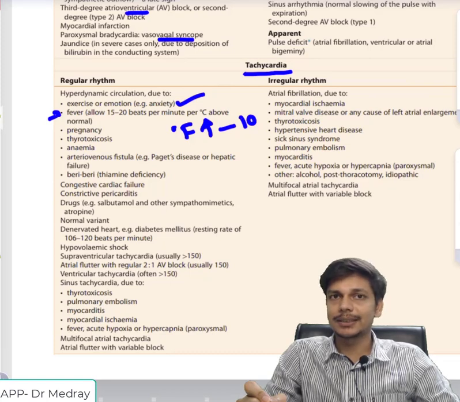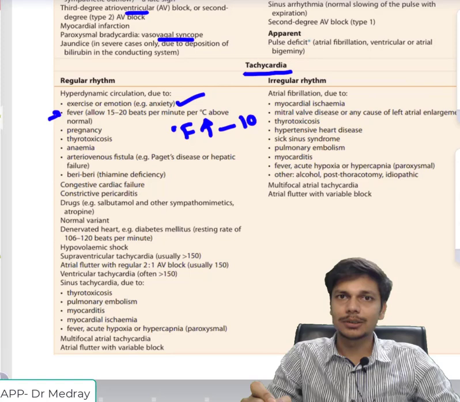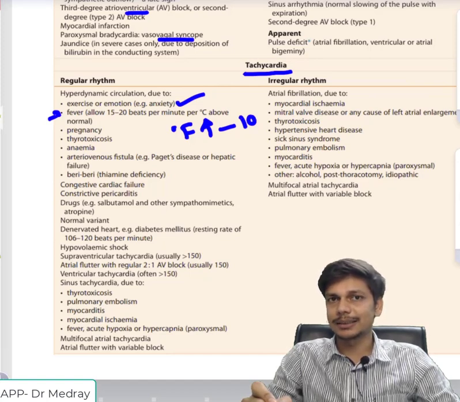If tomorrow, for any reason, I get fever because of any viral or bacterial infection, then yesterday I was 98 degrees Fahrenheit and my heart rate was 70.